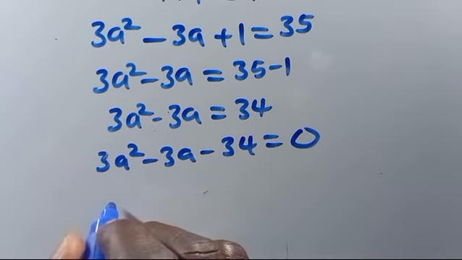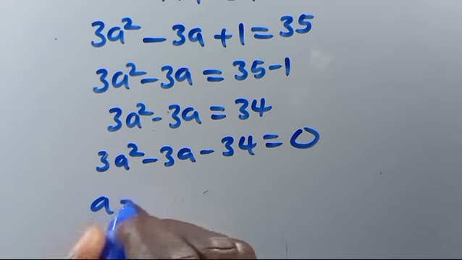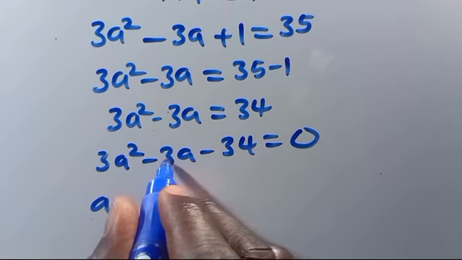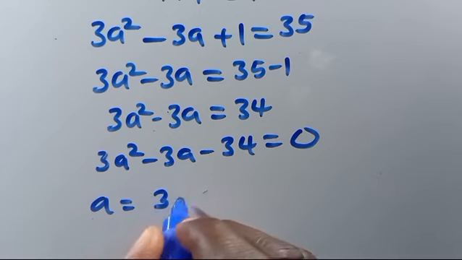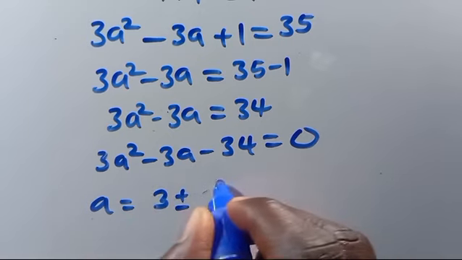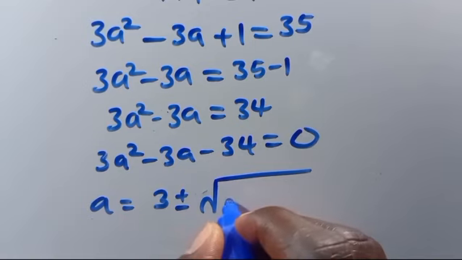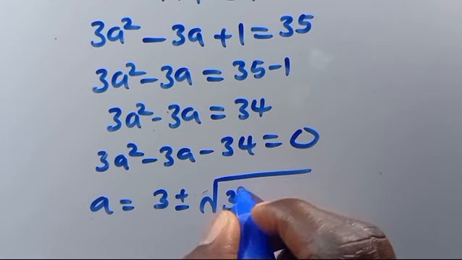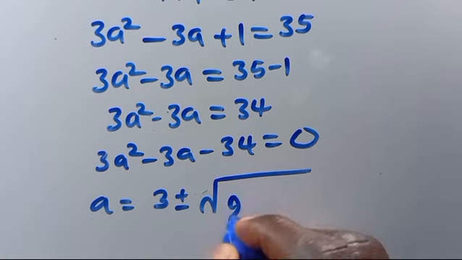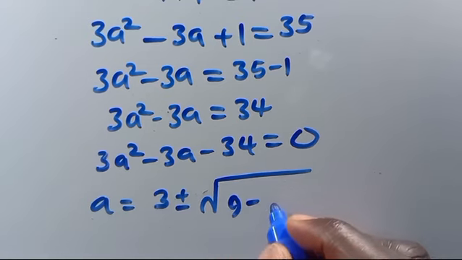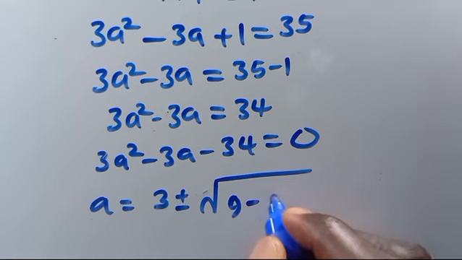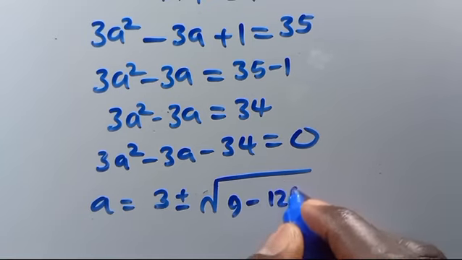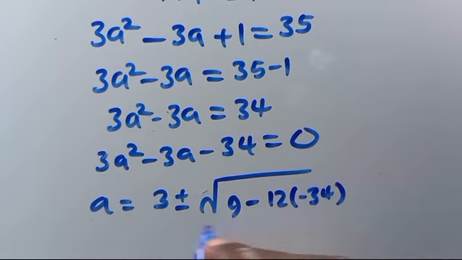Then we can have a as 3 positive or negative the square root of this, which will be 9, then this will be 4 times a, that's 12, times minus 34, over 2 times a, which is 6.